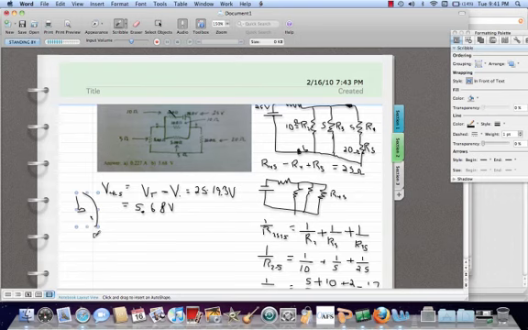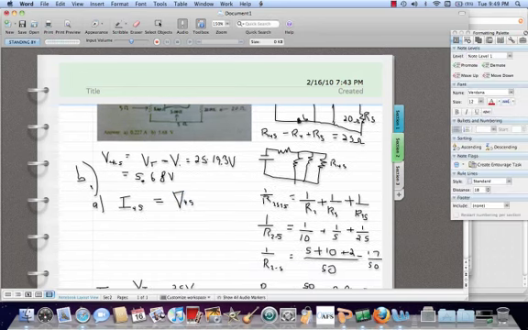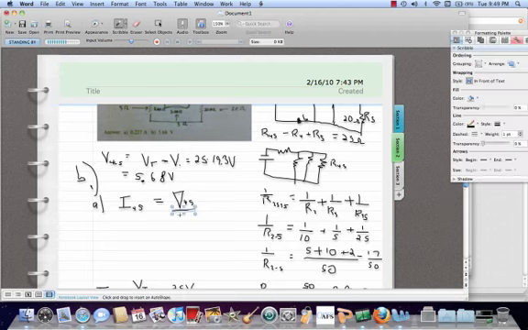So to find the current, going through both 4 and 5, the current through them is the same since they're in series. That's going to equal V45 divided by R45.